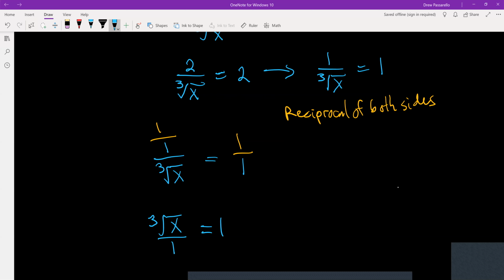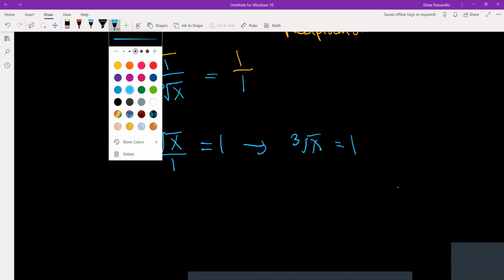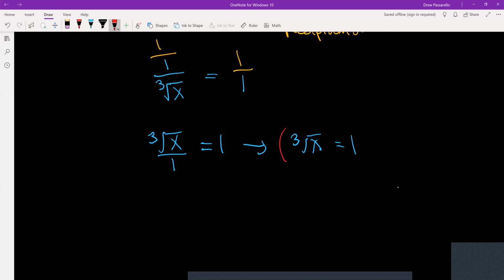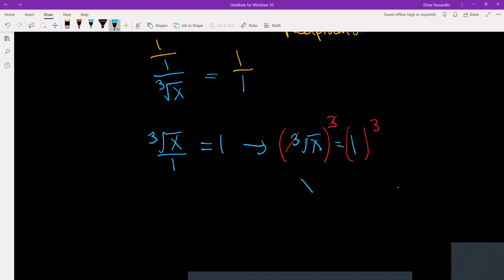All right, so cube root of x equals 1. Then you can get rid of the cube root by cubing both sides. And then cubing cube root cancels out, so you get just x equal to 1.